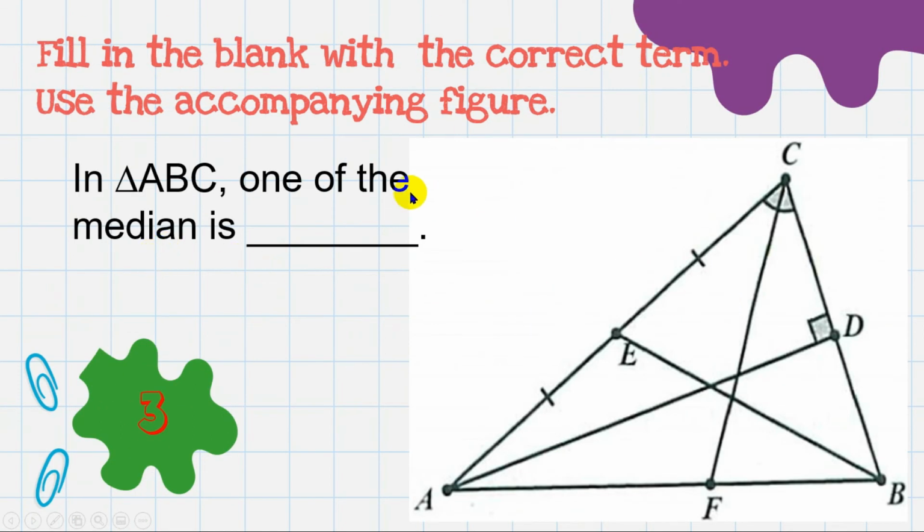Question number 3. Fill in the blank again. In triangle ABC, one of the medians is blank. Which of these is the median? What is our sign that it is a median? One endpoint of the line segment is at the midpoint. And how can we tell it is at the midpoint? It must be in the middle of the side. So, which of these has the symbol showing it is in the middle of that side, where the line segment is also found? Line segment CF, line segment AD, or line segment BE.